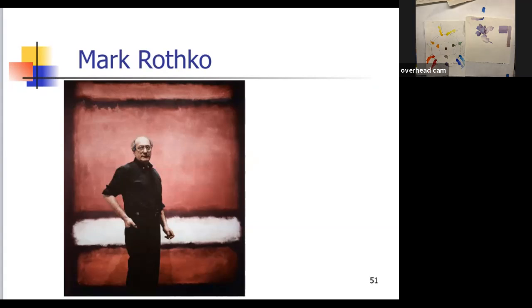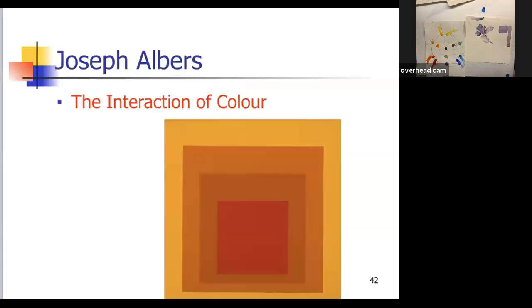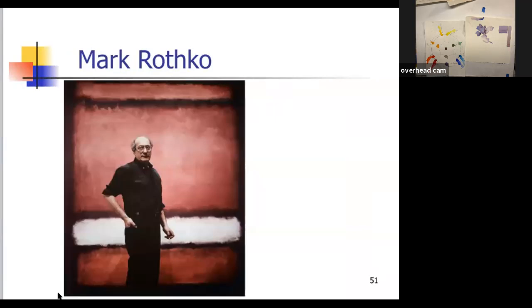When you compare Mark Rothko's paintings or color transitions to Homage to the Square, for example, where Joseph Albers is using these really hard edges and defined spaces, Mark Rothko is using soft edges, softer transition. Your eye can move more easily through these areas.